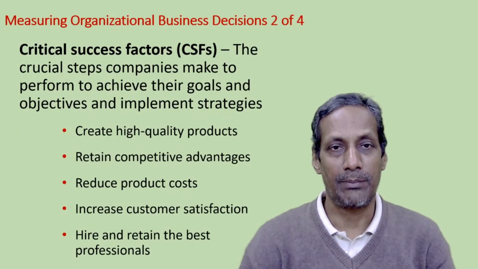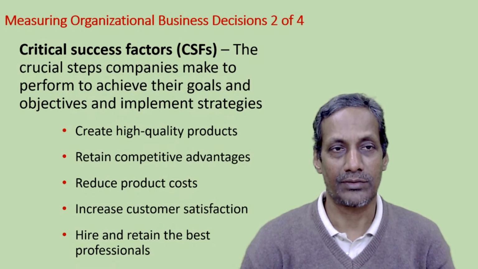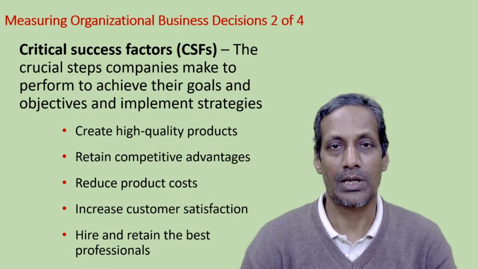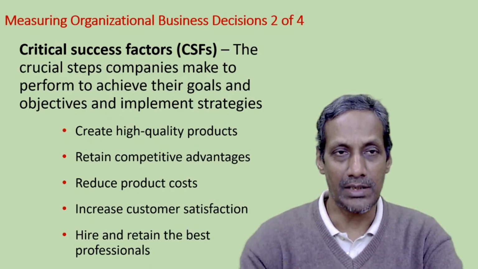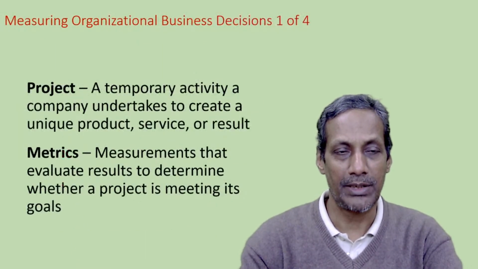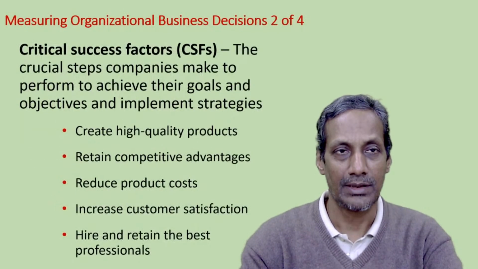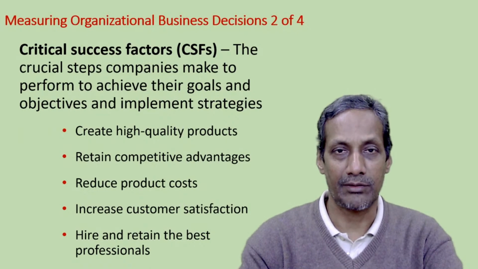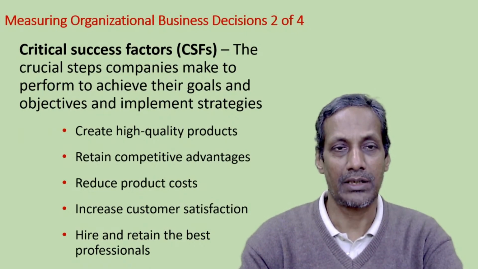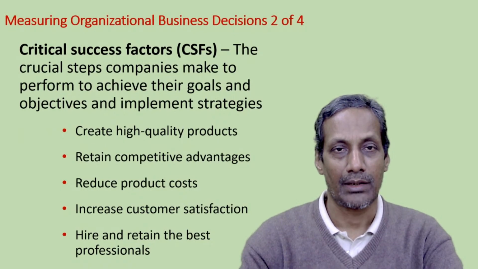Managers also need to keep track of the critical success factors, the crucial steps companies perform to achieve their goals and objectives and implement strategies. So decision makers have to keep in mind the various metrics and the various critical success factors which can help the company to perform and to achieve their goals and objectives and implement the right strategies.